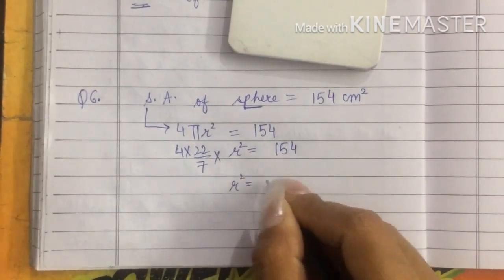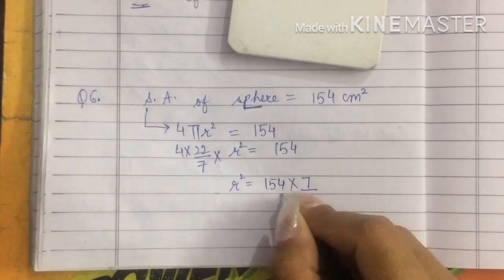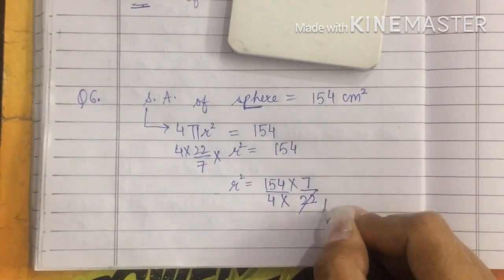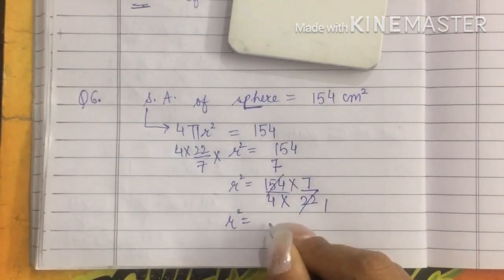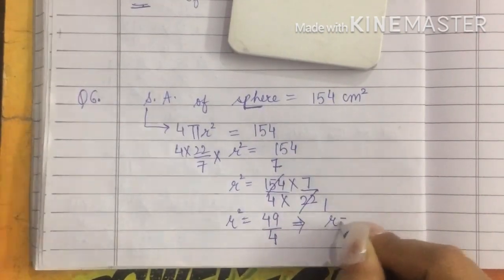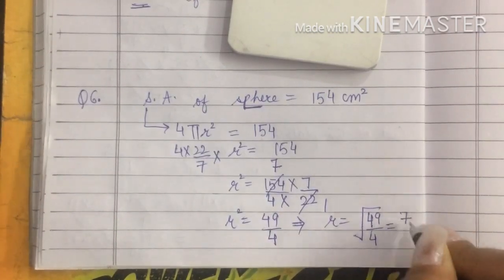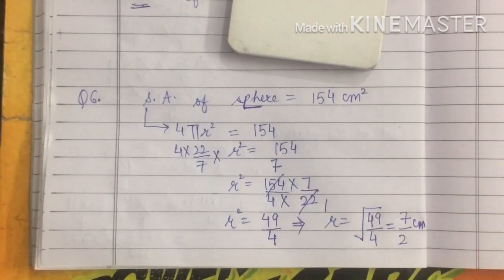So r square comes out to be 154 into 7 by 22. 4 is also in the denominator. So this comes out to be r square equals 49 by 4. So this means r is equal to square root of 49 by 4, which is 7 by 2 centimeters, the units of radius. So this is the answer for 6th question.